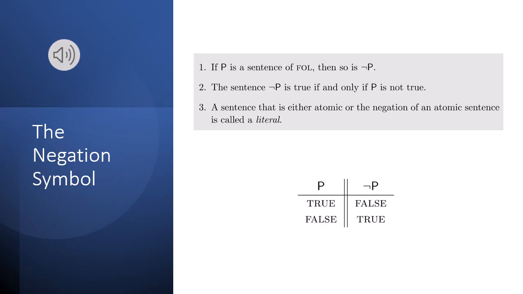If you have a sentence, that sentence will either be true or false, and those are the two possibilities for P. That's enough information to determine the truth value of negation P. You don't even need to know what P means, just whether P was true or false. Again, that's what's meant by a truth functional connective. Its truth value is only determined by these underlying atomic sentences, or this recursive process. And the negation flips things around. So if P is true, the negation of P is false. And if P were false, the negation of P would be true.